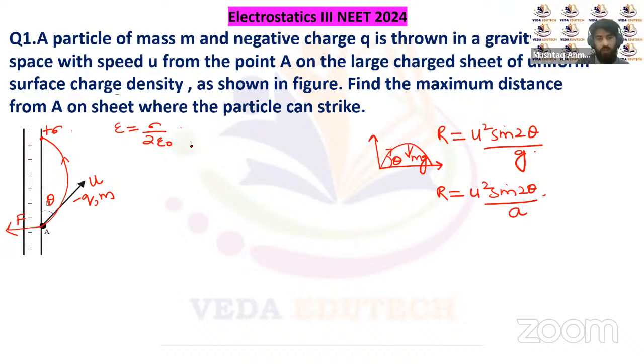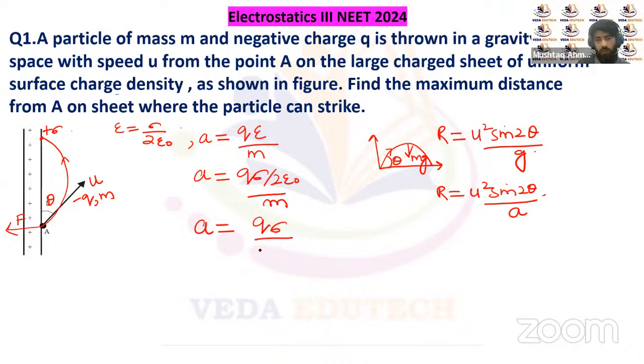The acceleration of this particle towards the sheet will be the force due to the sheet, the charge multiplied by the electric field of the sheet, upon the mass m. The charge is q and the electric field is sigma upon 2 epsilon naught, upon m. So the net acceleration will be q sigma upon 2 m epsilon naught.